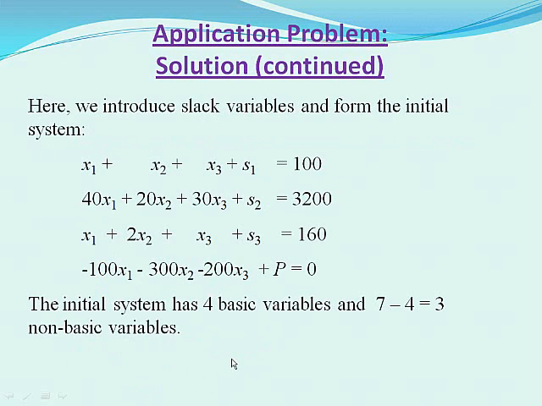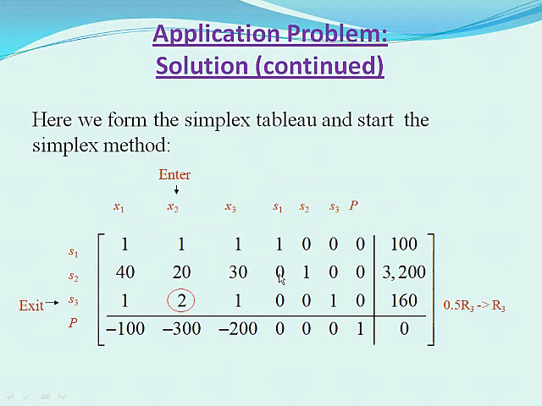Let's go through the simplex method steps. Here we introduce slack variables and form the initial system. We have 3 slack variables s1, s2 and s3 because there are 3 constraints. And notice that the objective function is written so that the coefficient of P is positive 1.